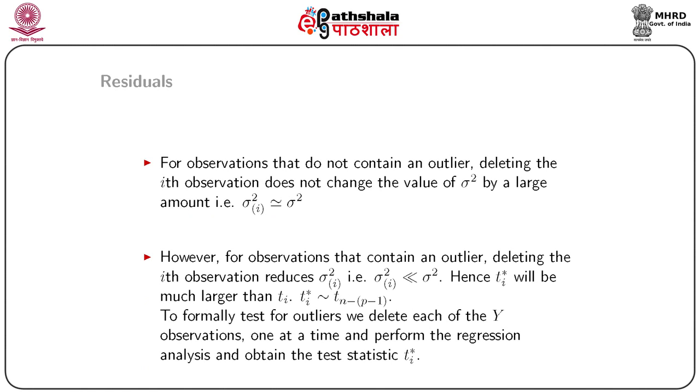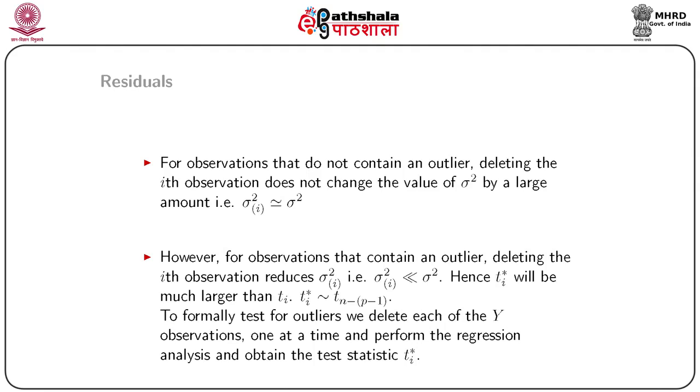Now, for observations that do not contain an outlier, deleting the ith observation does not change the value of sigma square by a large amount. If the ith observation is not an outlier, then sigma subscript i square is not very different from sigma square. However, for observations that contain an outlier, deleting the ith observation reduces sigma subscript i square.